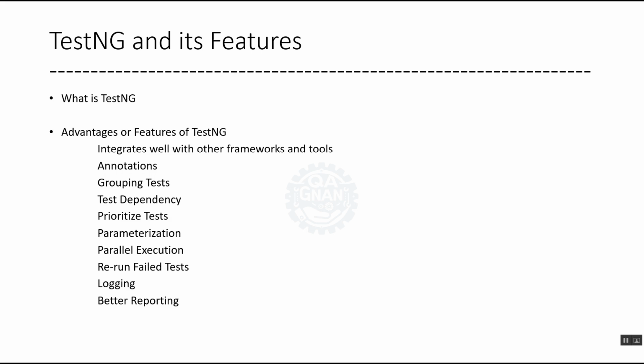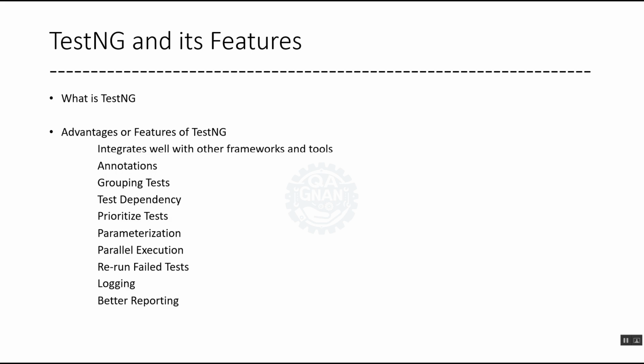Okay, so next one is test dependency. TestNG supports dependencies, meaning that a test can be dependent on the success of another test. This helps in managing execution order based on logical dependencies. Prioritized tests.